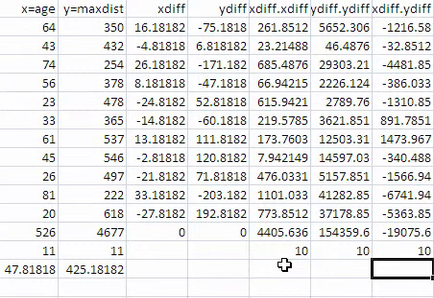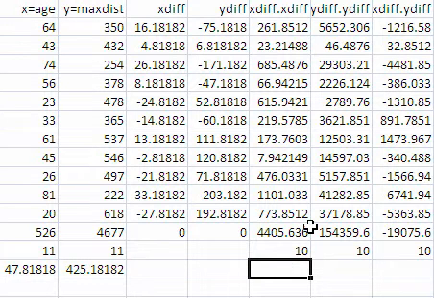And now we can compute the mean, the average of these numbers, the average products. That's the sum divided by the degrees of freedom. There. And copy that across.